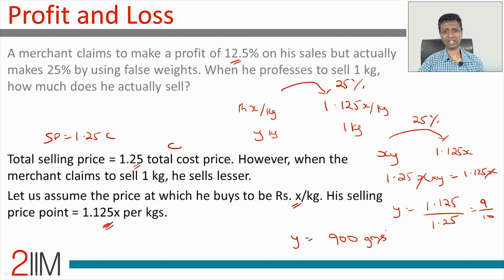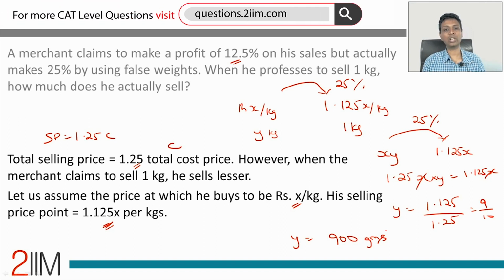He buys 900 grams. He claims to sell 1000 grams, but he's only passing off this 900 grams as a kilogram. If he buys it for 100, he claims to sell it at 112.5 rupees, which is 12.5% higher, but he actually makes 25% profit because he spent only 90 rupees buying it.